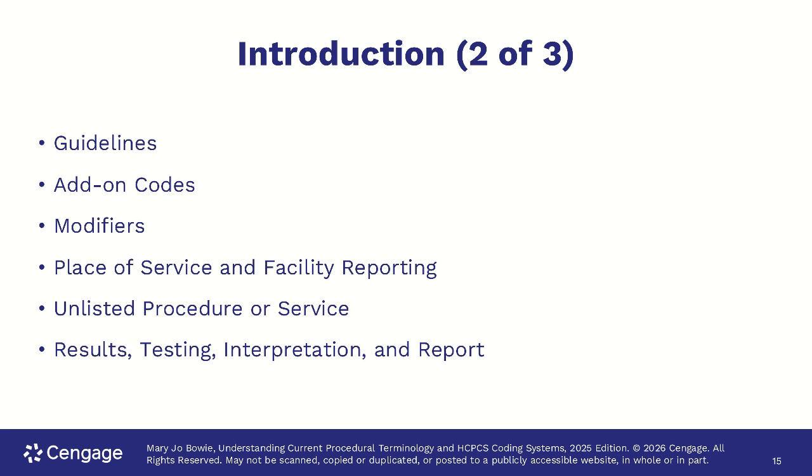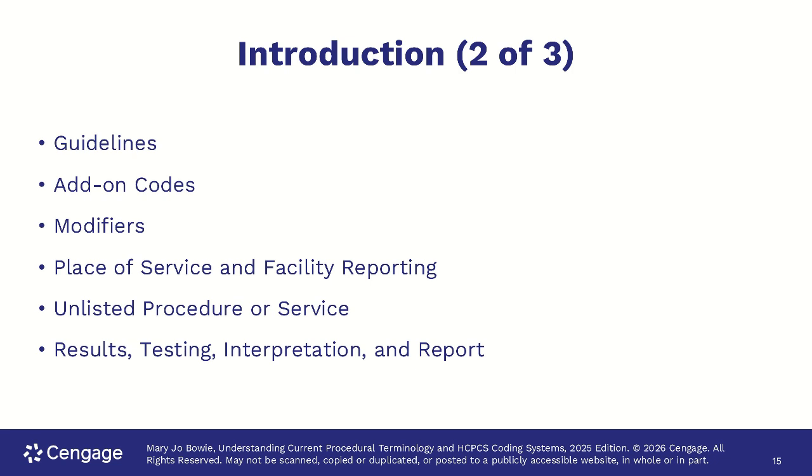In the introduction, they also talk about guidelines and a type of code that is known as an add on code. And very simply put, an add on code cannot be used alone, it has to be added on to something else.